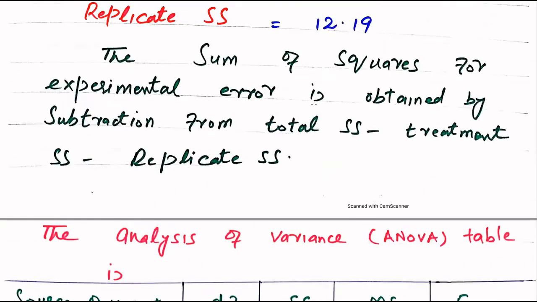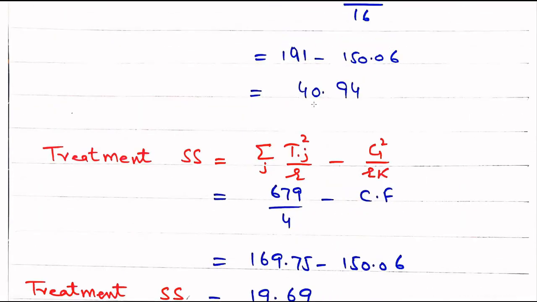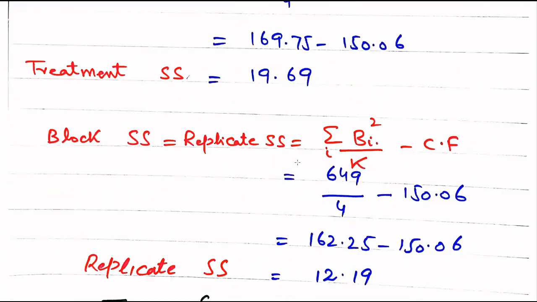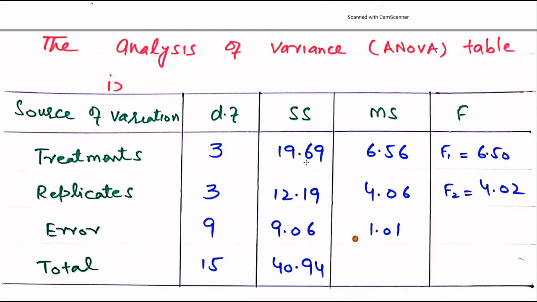Treatment sum of square, as we calculated above, is 19.69. Mean square for treatment is obtained by the sum of square for treatment divided by its degree of freedom. So 19.69 divided by 3 gives the mean square for treatment.